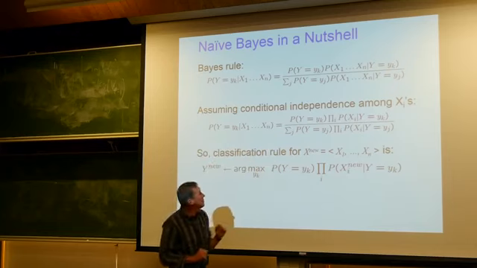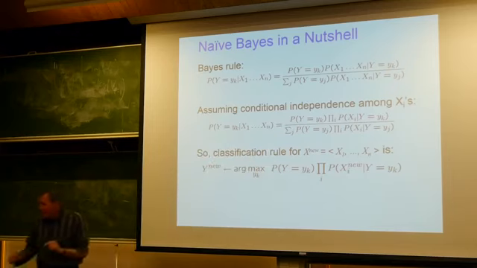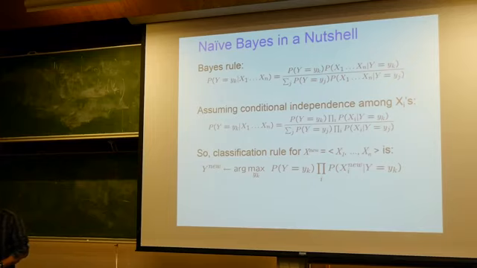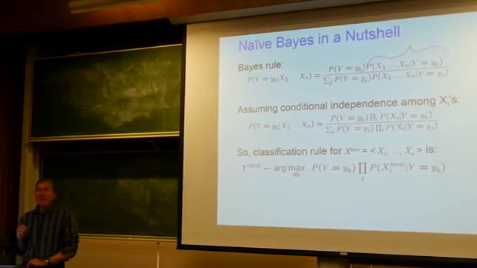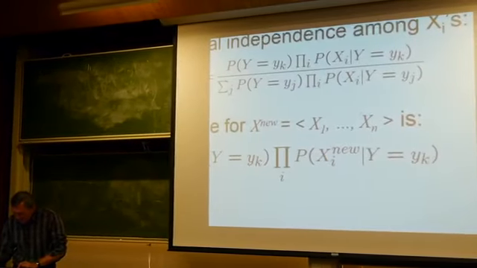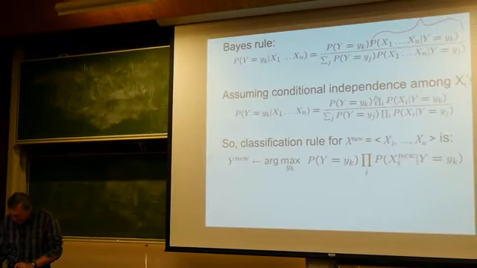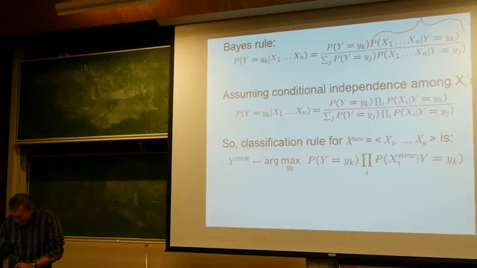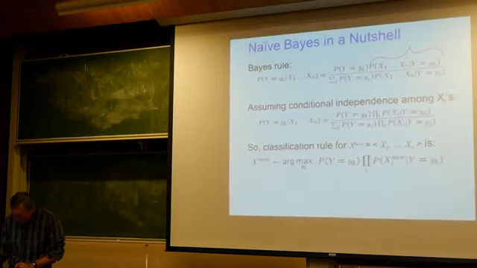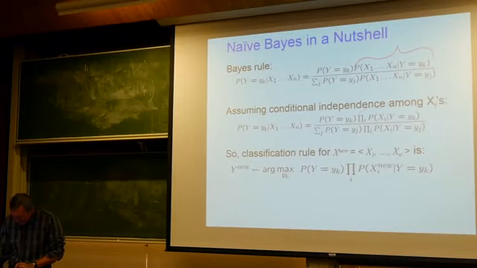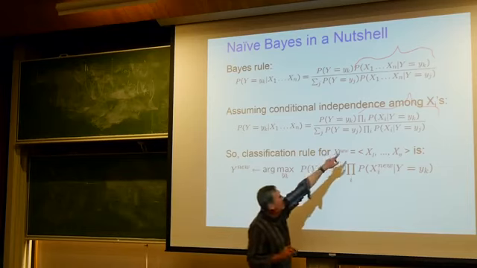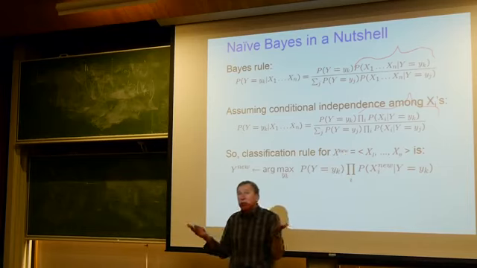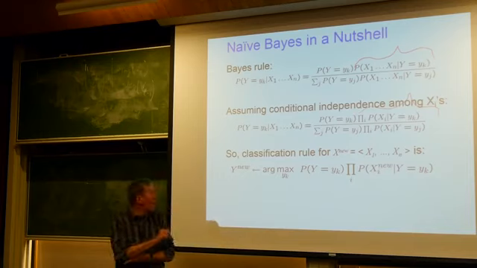And of course, the conditional independence assumption in naive Bayes tells us that we can replace this joint distribution by the product of the individual probabilities of the x sub i's, because we're assuming they're conditionally independent given y.